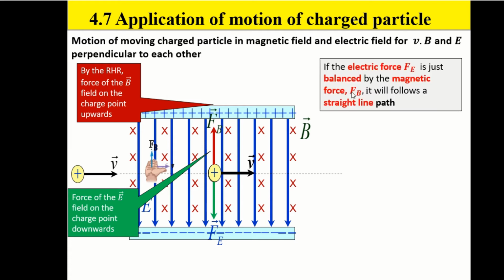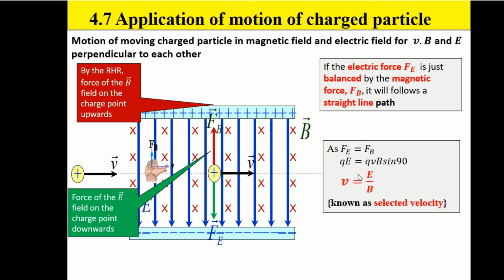Let's say the electric force is just balanced by the magnetic force, that means the charged particle will follow a straight line path. So the concept is, if the electric force is balanced with the magnetic force, mathematically we can write the electric force equals the magnetic force.